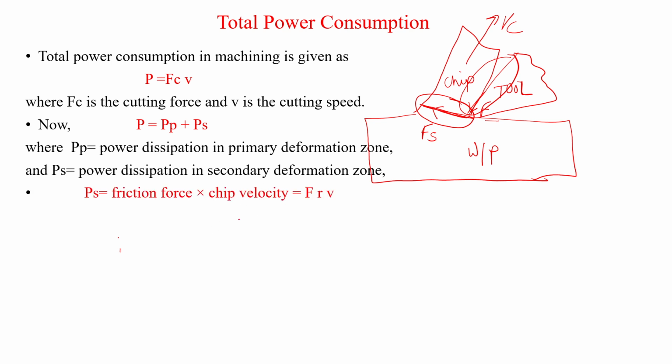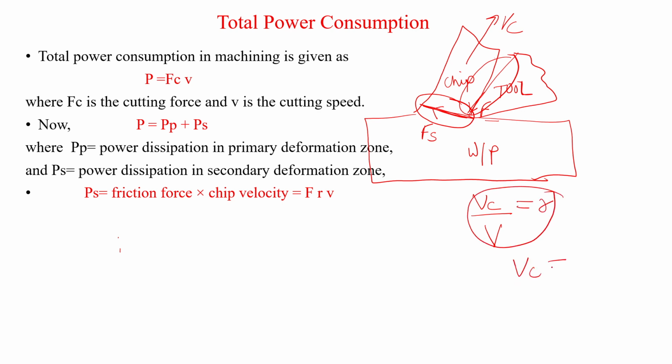See, PS, the secondary deformation zone power, can be found using the friction force F into chip velocity. We also know that Vc by V, where Vc is the chip velocity and V is the cutting velocity, is equal to R, the cutting ratio.